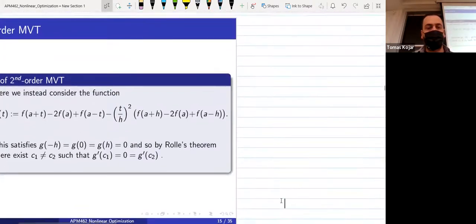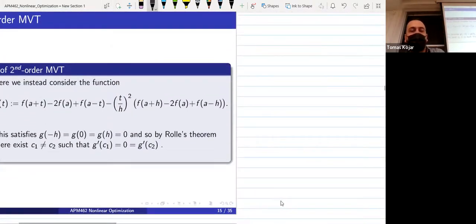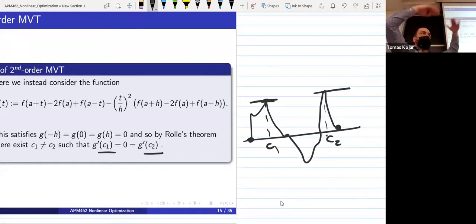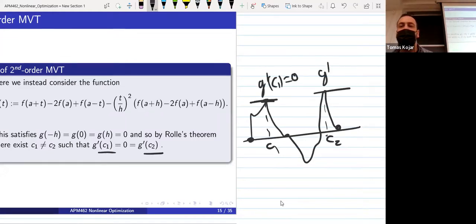Okay, so then we have 2 of them. We have a c1 and a c2. So that in this picture that we just drew, here's the c1 and here's the c2. Okay, so you hit in these places you have g prime of c1 is 0. And now you play the game again. You have two zeros.